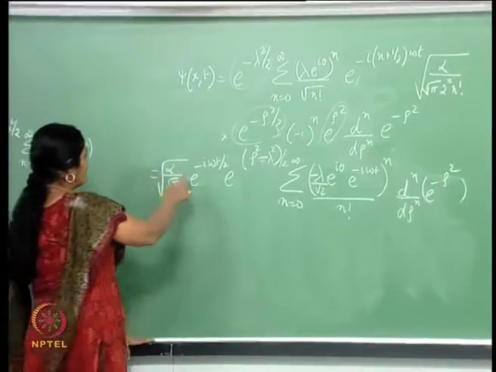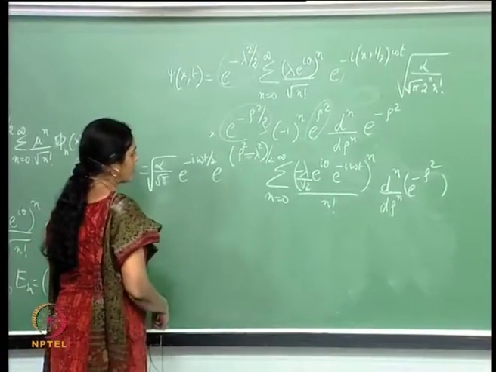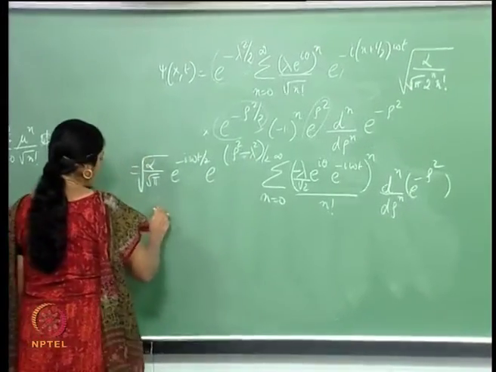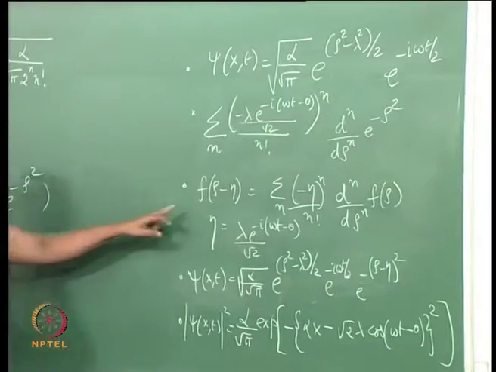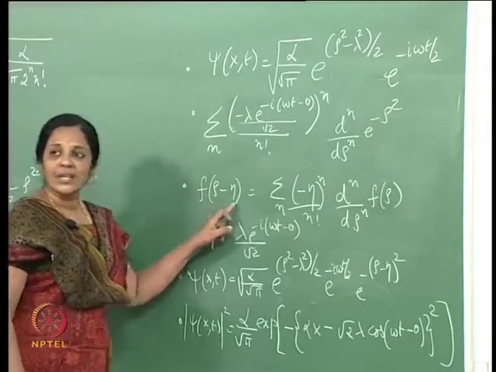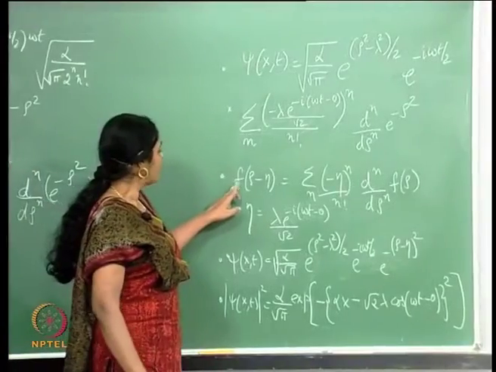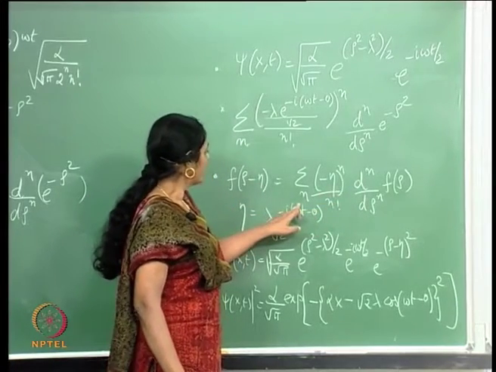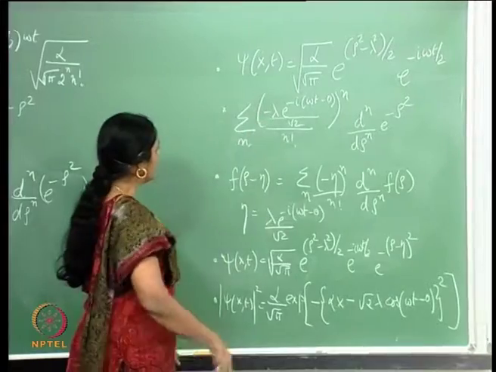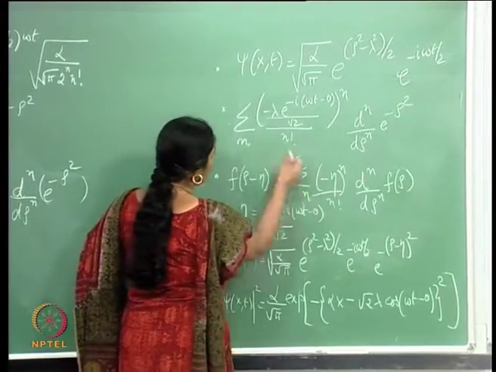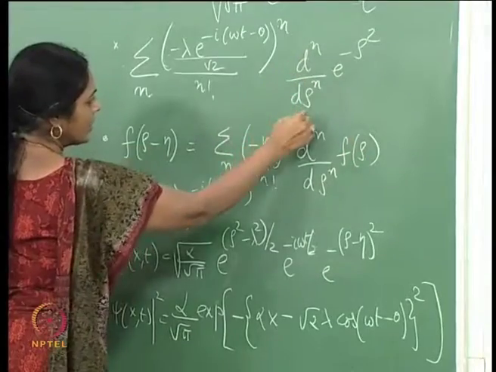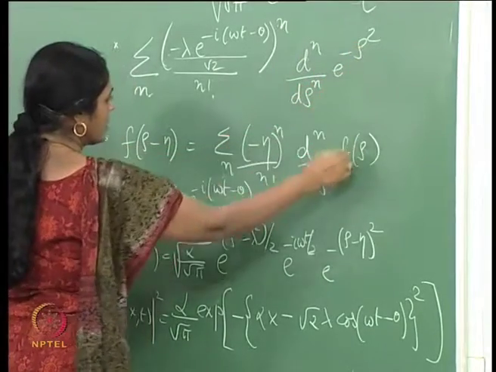But you compare this expression for psi of x,t with the Taylor expansion for f of rho minus eta. You can write a Taylor series for any function of rho minus eta in this fashion. So if you compare with whatever you have here, there is a summation over n, minus eta to the n by n factorial, d n by d rho n of e to the minus rho squared.